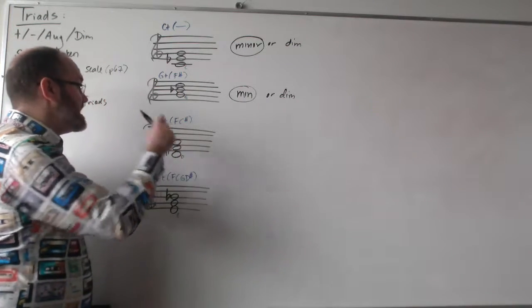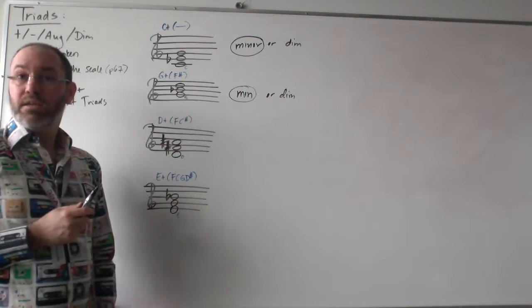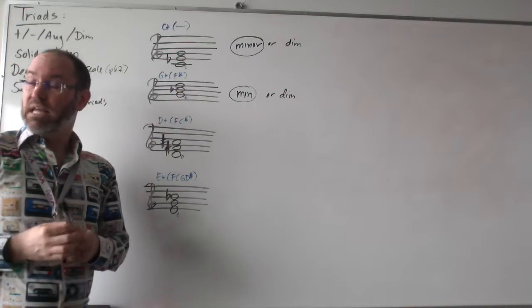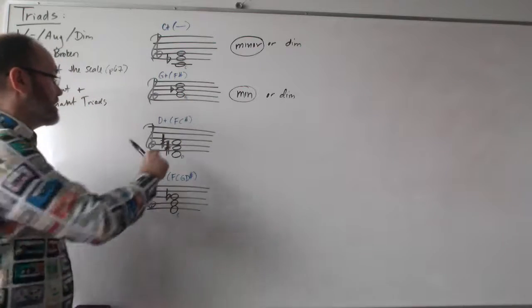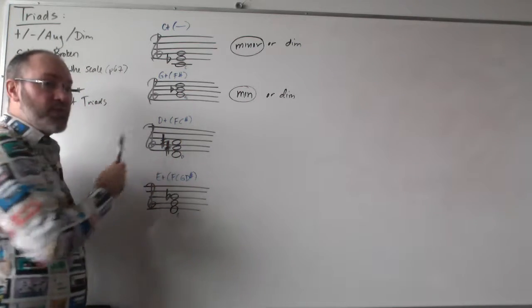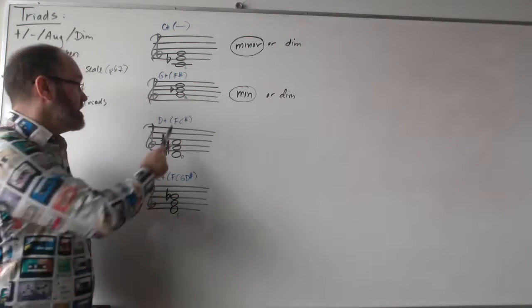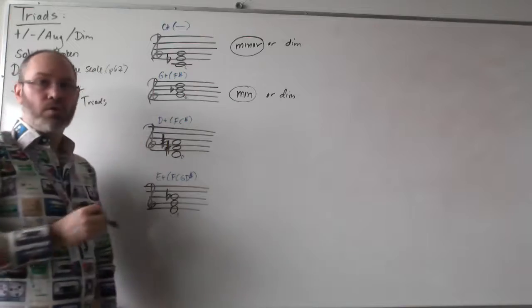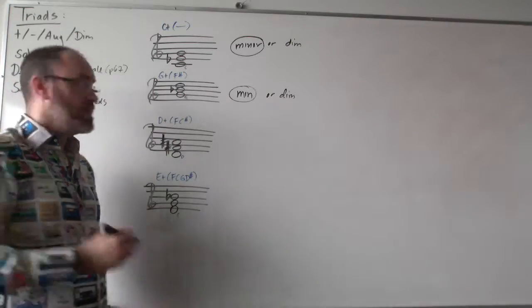We have a D. The key signature of D major, according to our circle of fifths, is F and C sharp. So let's look at our third. What note is this? F. Is F in our key signature? Yes. Is that why we have a sharp? Yes. So is this a major third or a minor third? Major third.